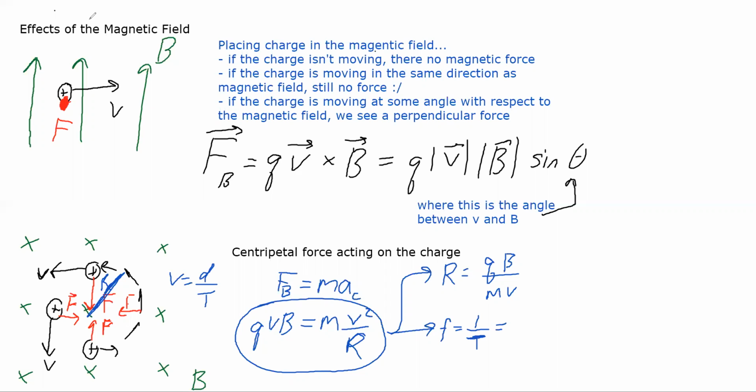So doing some algebra there, solving for t and plugging it in, and then using my equation for R, V over 2 pi, QB over MV.